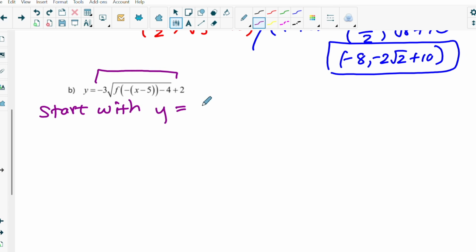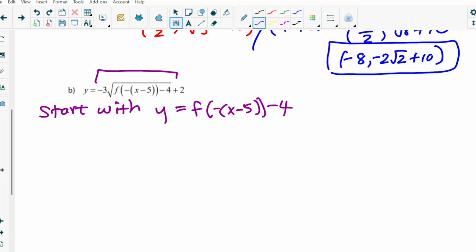Start with y equals f of negative x minus 5 minus 4. With this one, I'm going to go from the inside to the outside. Let's start with that first.